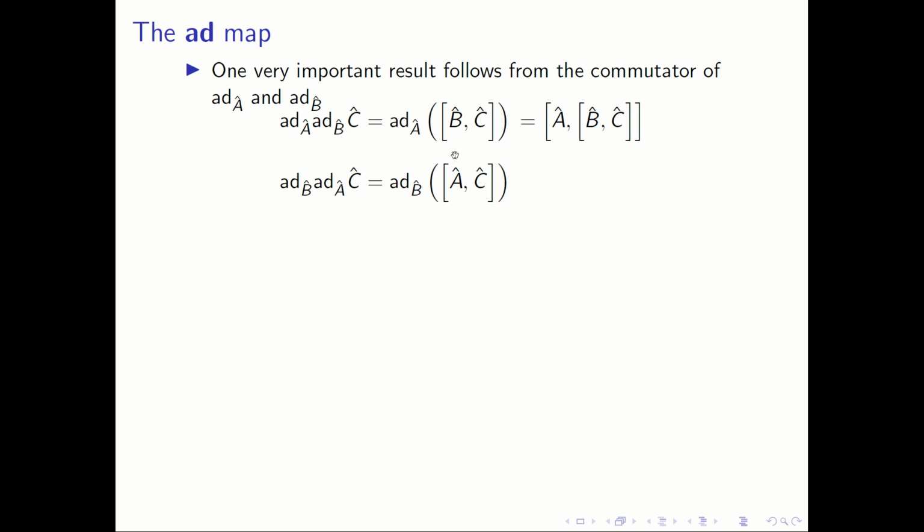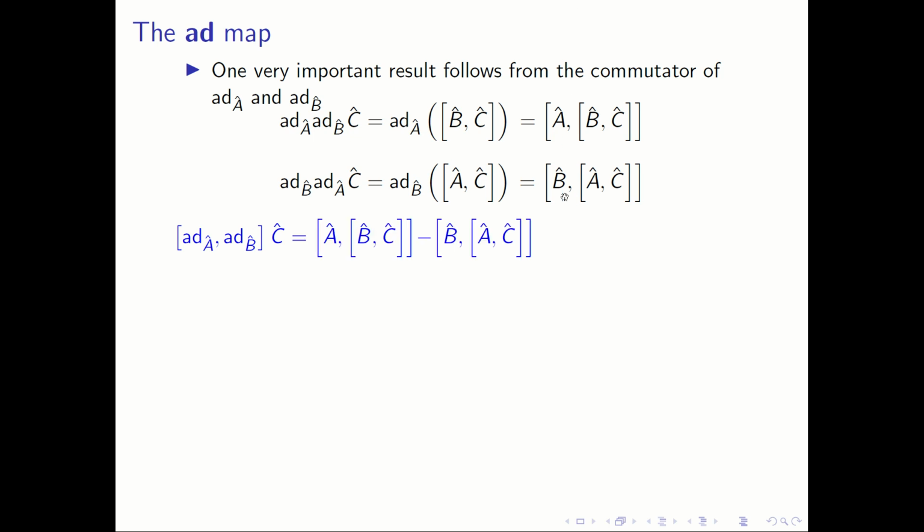Very similar, and that's [B, [A, C]]. So what is the commutator of ad A and ad B acting on C? There's a difference between these two results, of course, and we will massage it into a slightly more familiar form by switching the order of A and C here at the expense of changing this minus sign to a plus.